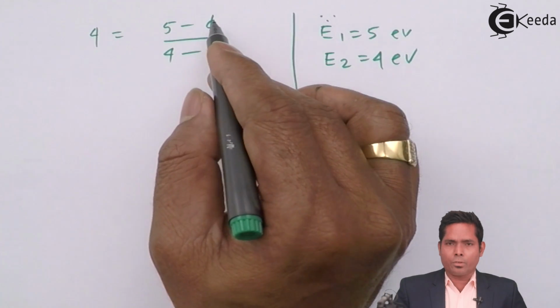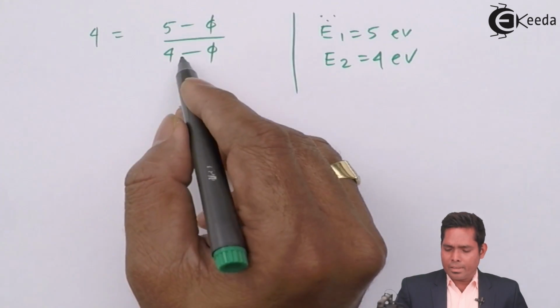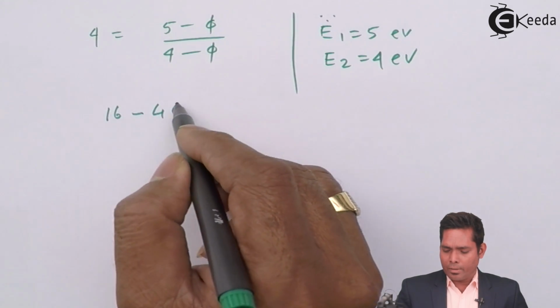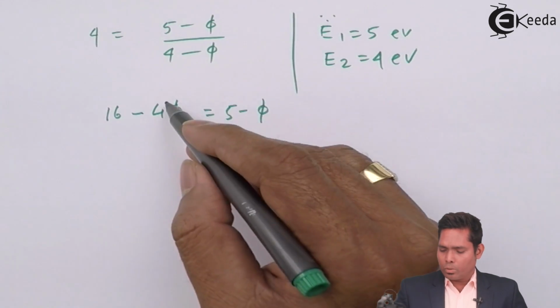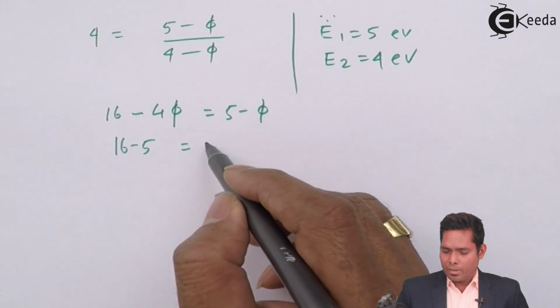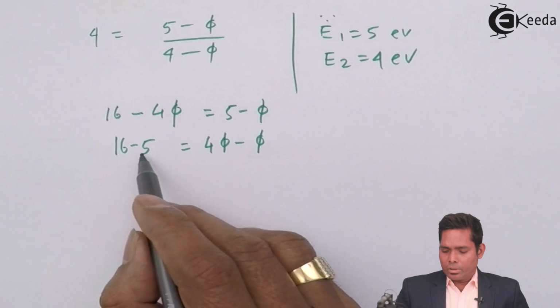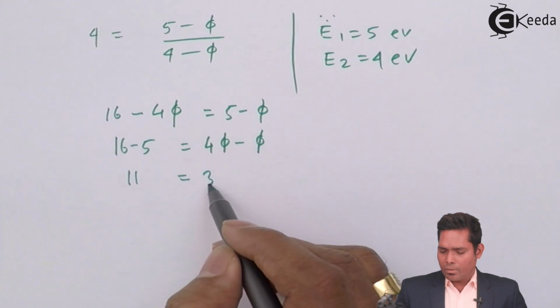Now you have to solve for phi, that is the work function of the metal. So cross multiplying, this goes to that side and becomes 16 minus 4 phi equals 5 minus phi. This goes to this side and this comes to the other side. This becomes 16 minus 5 is 4 phi minus phi. This 16 minus 5 is 11 and this is 3 phi.